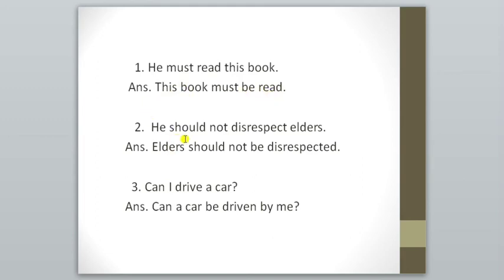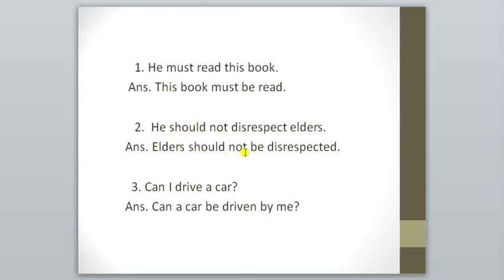Second, he should not disrespect elders. Subject, modal verb, negative word, present tense verb and object. Then elders should, the same modal auxiliary you have to use in the answer.